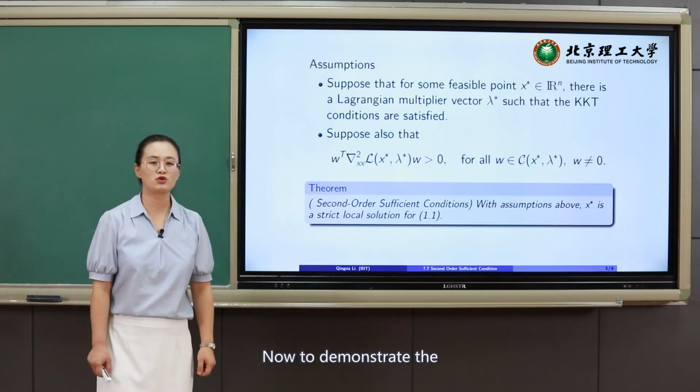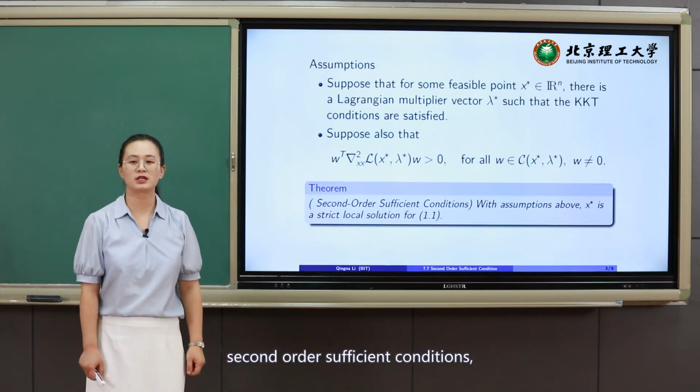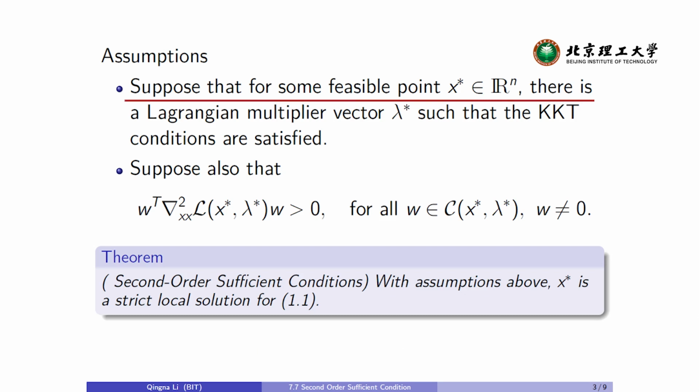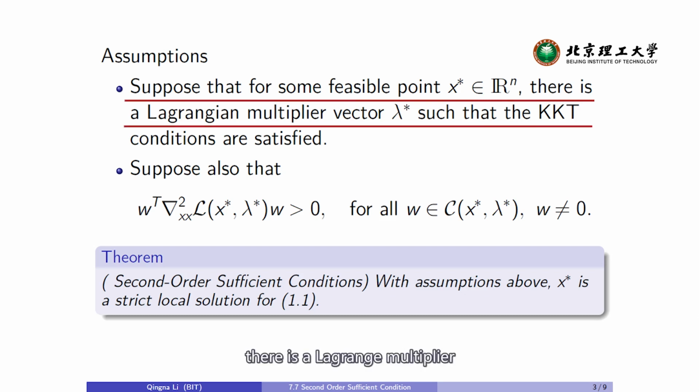Now, to demonstrate the second-order sufficient conditions, we need some assumptions. Firstly, we assume that for some feasible point x star, there is a Lagrange multiplier that satisfies the first-order KKT conditions.